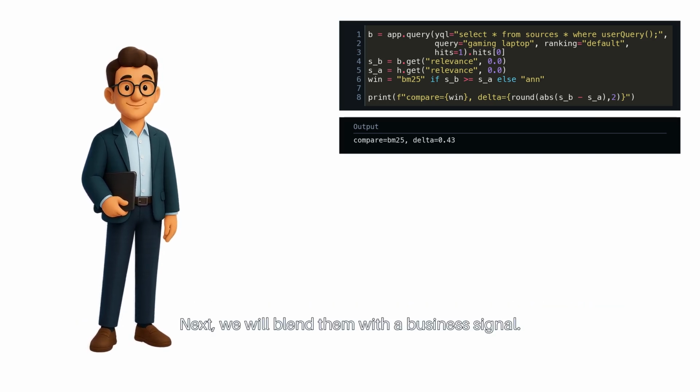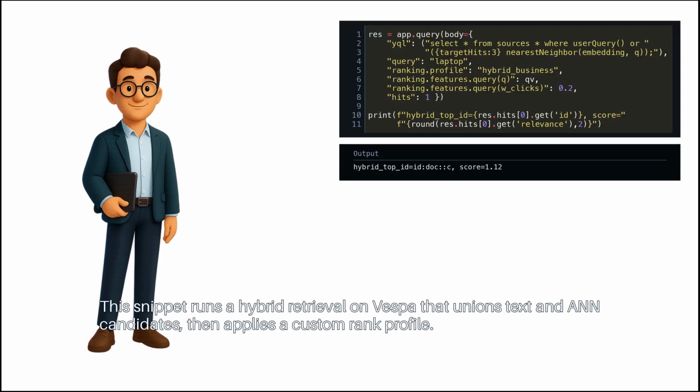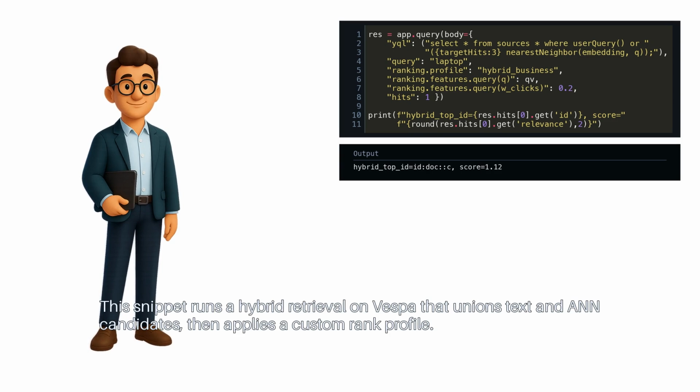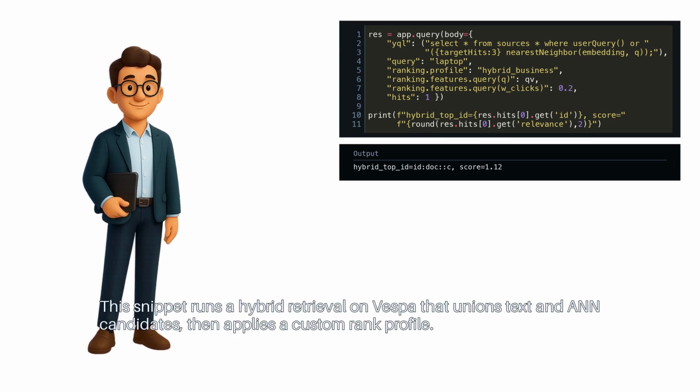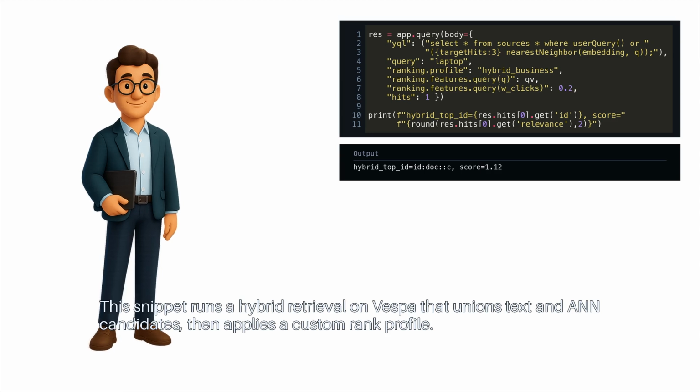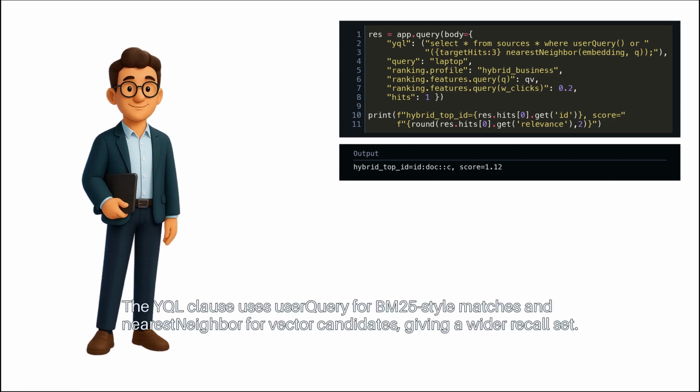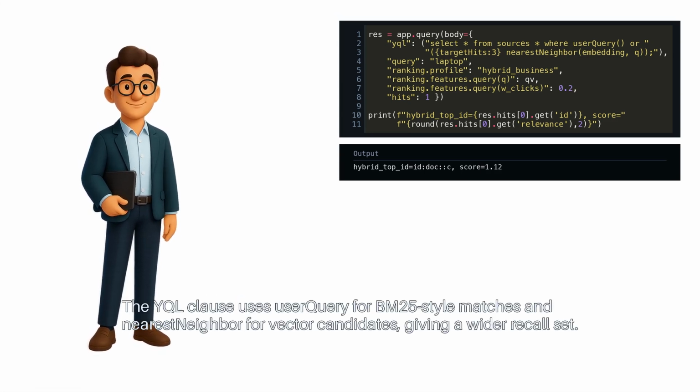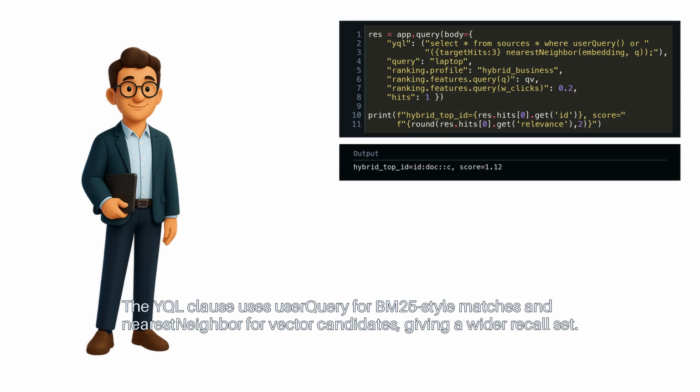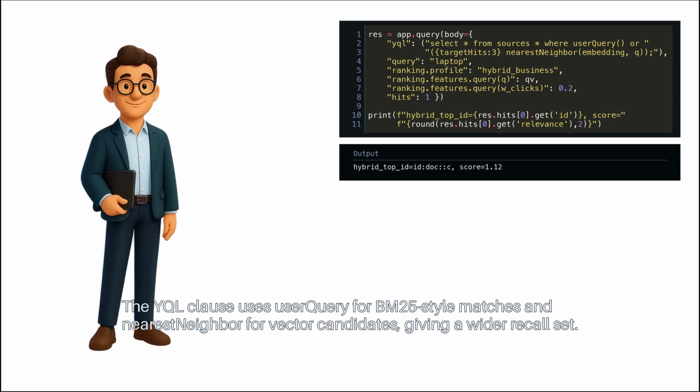Next, we will blend them with a business signal. This snippet runs a hybrid retrieval on Vespa that unions text and ANN candidates, then applies a custom rank profile. The YQL clause uses user query for BM25 style matches and nearestNeighbor for vector candidates, giving a wider recall set.